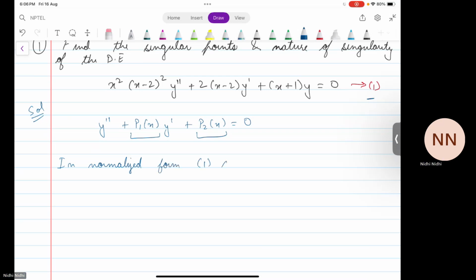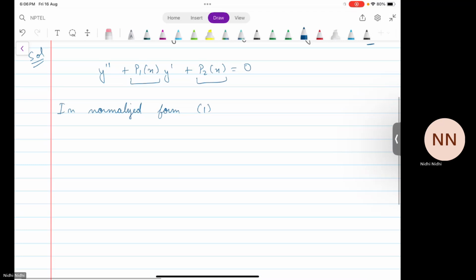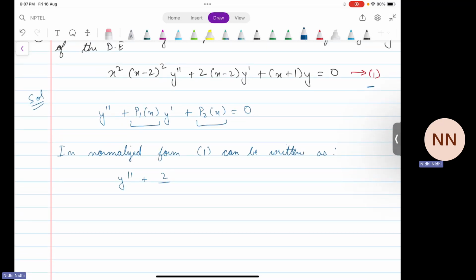So in normalized form, it can be written as y double dash plus... we'll just divide the equation by x square (x minus 2) square.